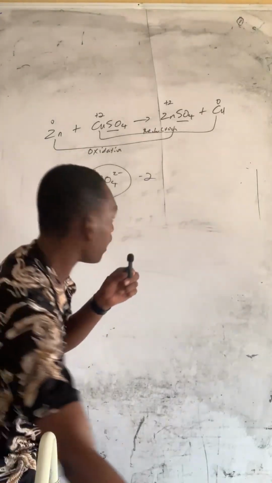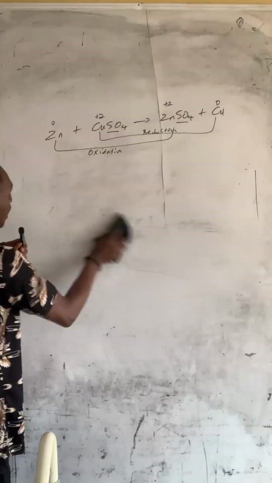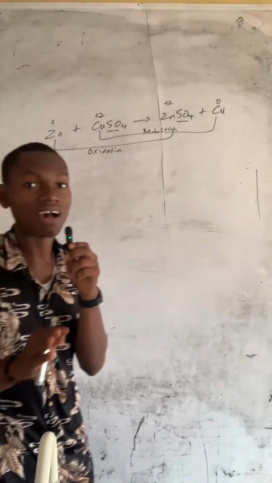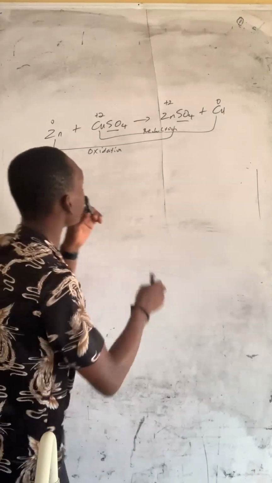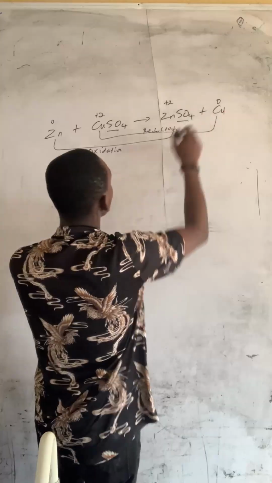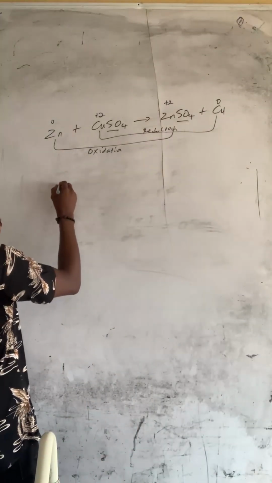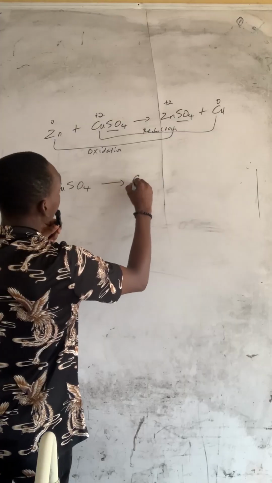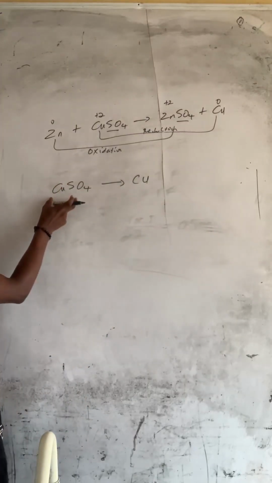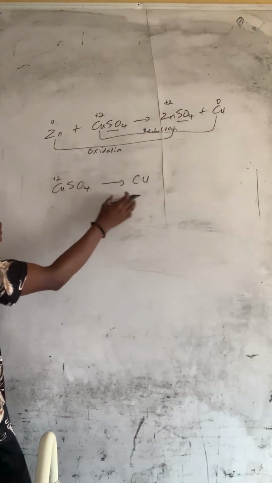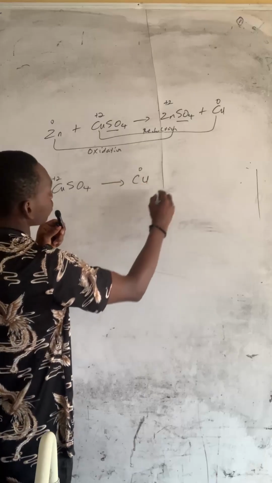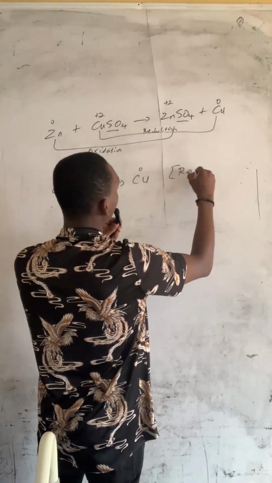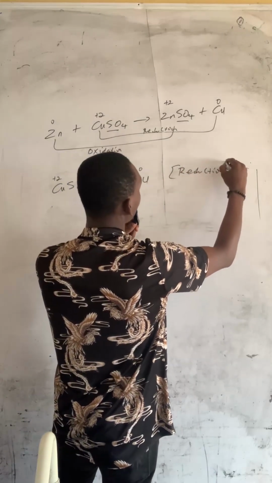In summary, our question says we should write the reduction half equation. We've known that copper here is reducing. So the half equation is copper sulfate giving us copper, because the oxidation number of copper here is +2, and here is 0. So this is our reduction half.